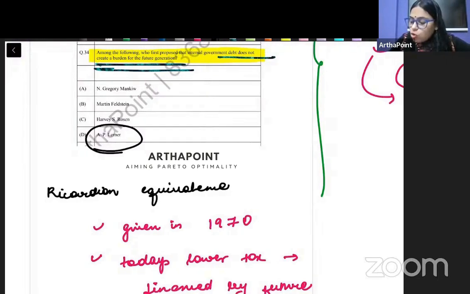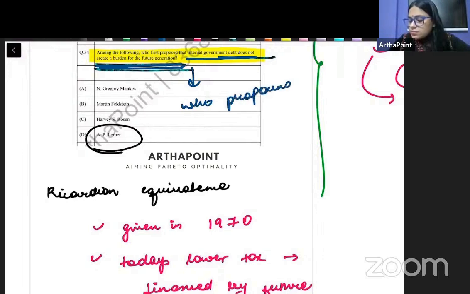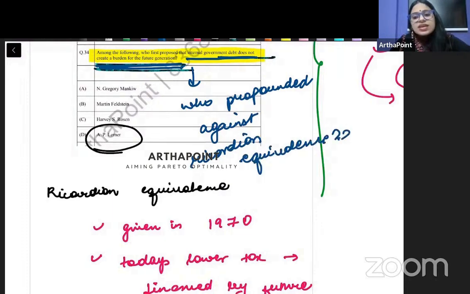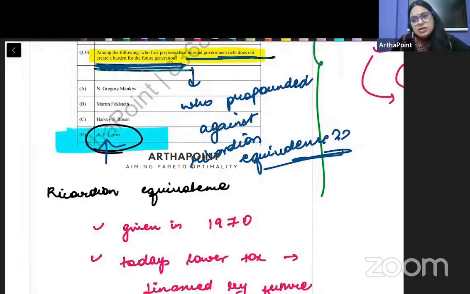Among the following, who first propounded that internal government debt does not create a burden for the future generation? तो इसी क्वेश्चन को हम reframe कर सकते हैं: who propounded against Ricardian equivalence? Ricardian equivalence के against किसने बताया? It was AP Lerner. So the correct answer to this question is AP Lerner.